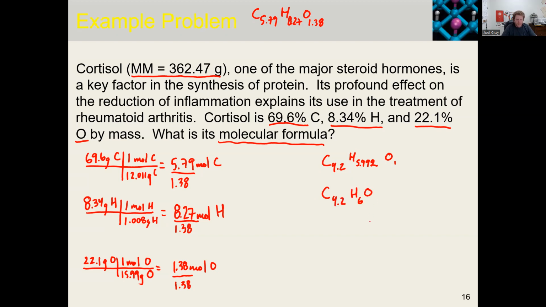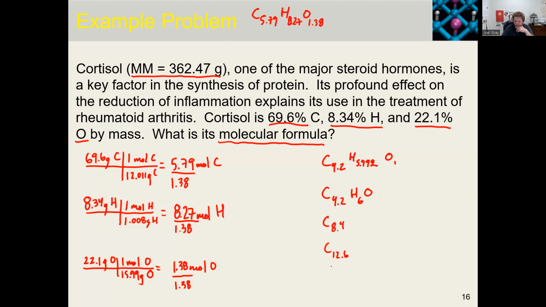C 4.2 H 6 O. Now, what we need to do with this is come up with a whole number. If we have 4.2, we can't really round that down. But you know what we can do? If we double it, then we're at C 8.4. That doesn't really help a lot. What if we triple it? Then it's C 12.6.